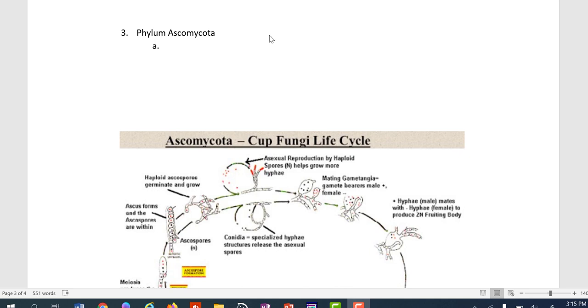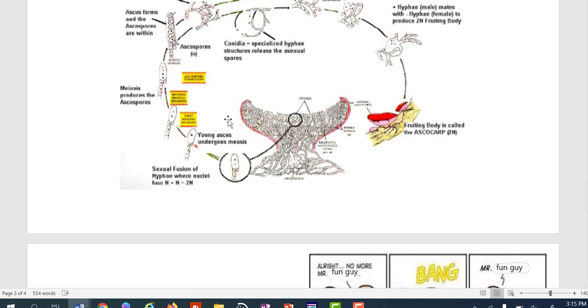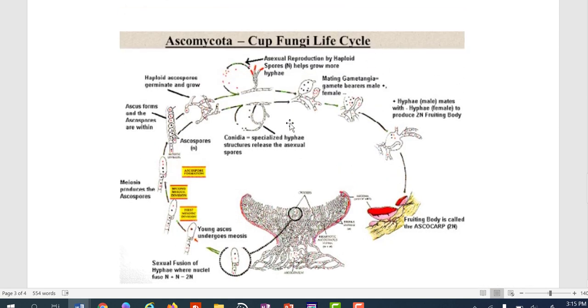Our last group here is phylum Ascomycota. The term asco refers to sac-like fungi. Their fruiting body is more of a cup shape like you see down here, or maybe like a sac. Of course, the spore forming structures in there are referred to as ascospores, and hence Ascomycota.